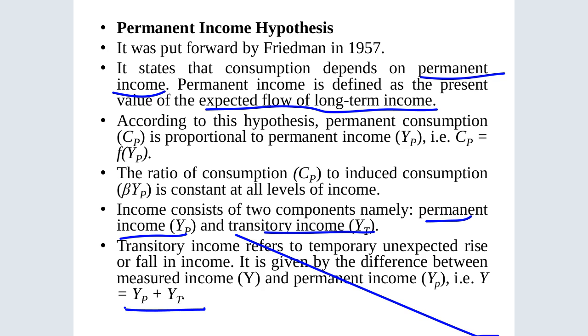Consumption depends on the permanent income, because the transitory income is simply an unexpected increase or fall in income. Therefore, consumption does not depend on the transitory income, but on the permanent income.